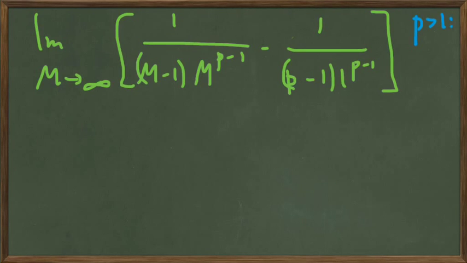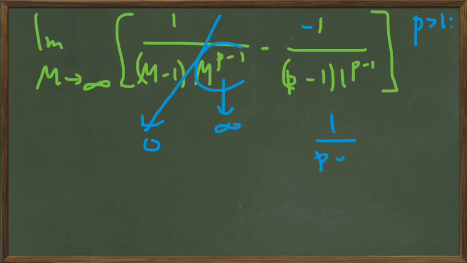So p is greater than 1, we've written it this way, m is going to infinity, and so this expression right here goes to infinity, which means this whole fraction goes to 0. This fraction right here, it should be another minus sign here, is just 1 over p minus 1.